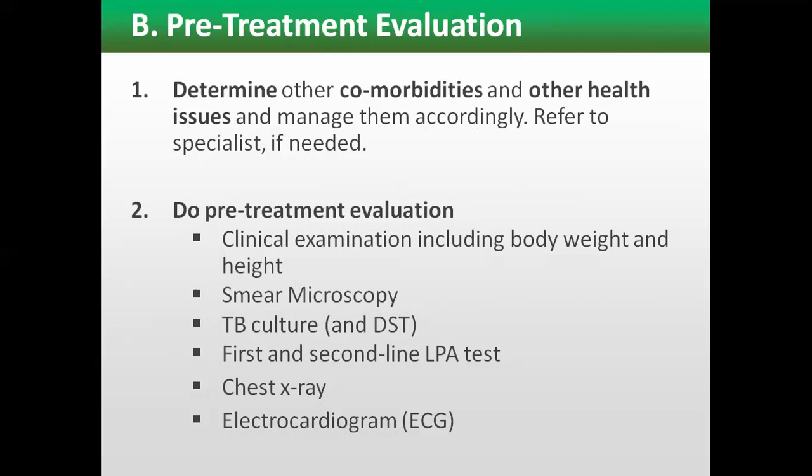The same as with DSTB, we check for HIV co-infection and diabetes, but now on a broader investigation, we also need to check renal disease, history of cardiac disease, liver problems, history of cigarette smoking, alcoholism, drug use, and abuse, because these will all affect our treatment later on.